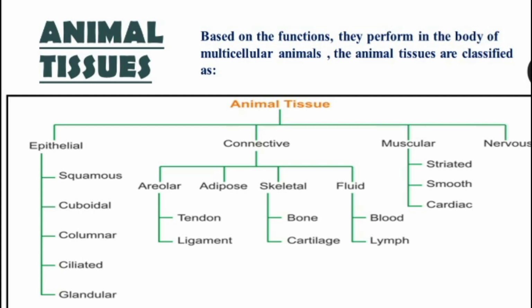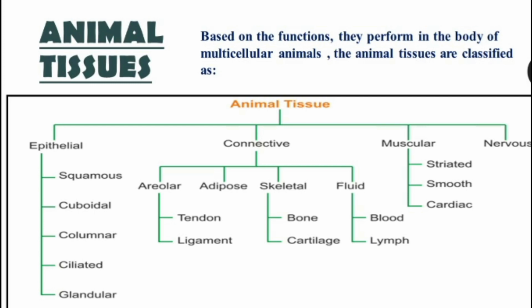And the second type of animal tissue is connective tissue. This connective tissue again has 4 subclasses or 4 subtypes, namely areolar, adipose, skeletal, and fluid. This connective tissue is the connection of bone to bone or muscle to bone in the animal body.